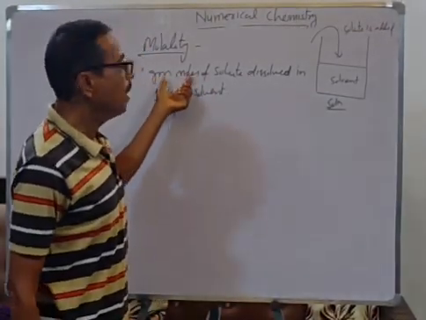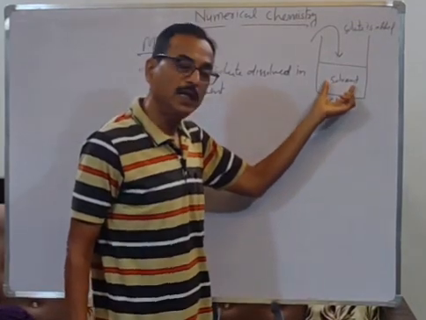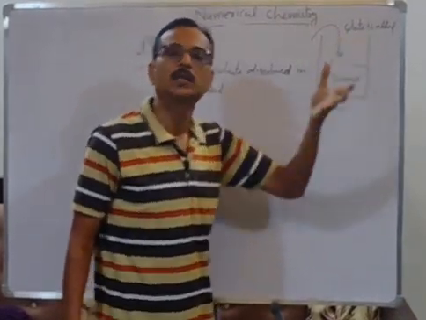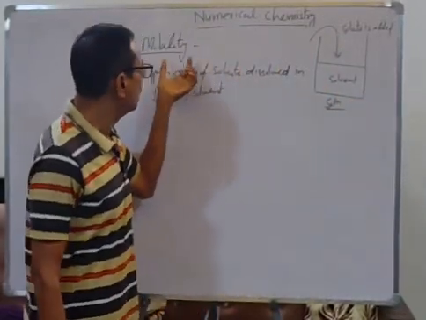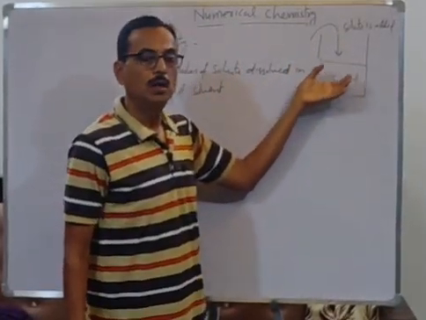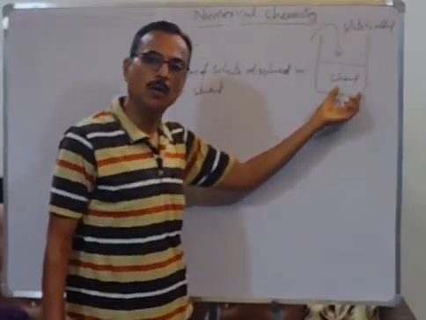How much gram moles of solute are dissolved per kg solvent? 1 kg solvent में कितना solute dissolved है, that is the molality. In case of molality, there is no meaning of solution. Molality is defined in terms of solute and solvent.